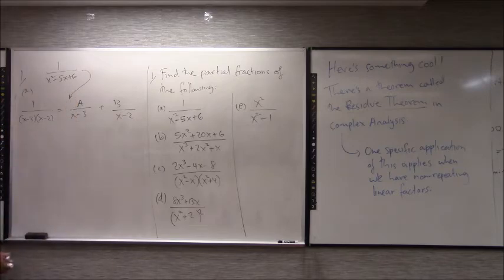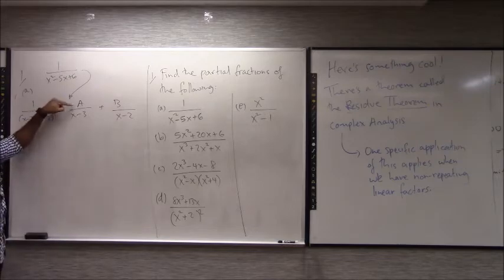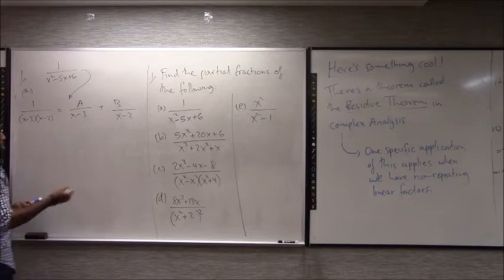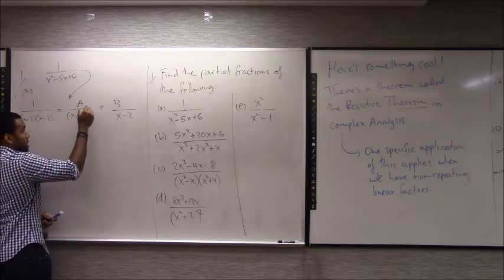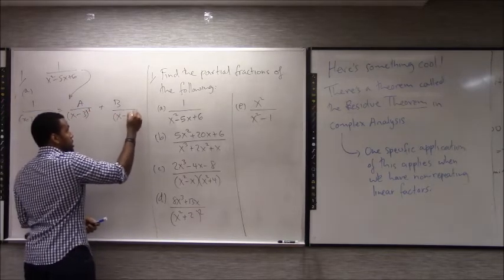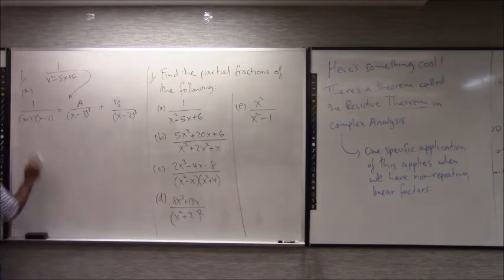Now, here's the cool trick. If you want to figure out what the a is, there's actually a shortcut for it because it's a non-repeated linear factor. It looks like a line to the power 1. Same thing here, it looks like a line to the power 1. That's the only thing that occurs here.